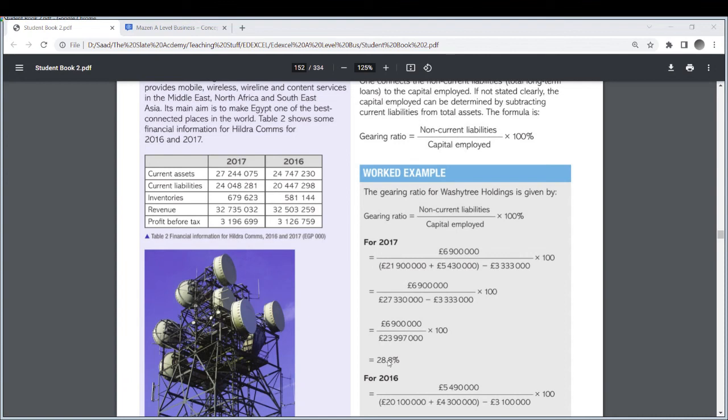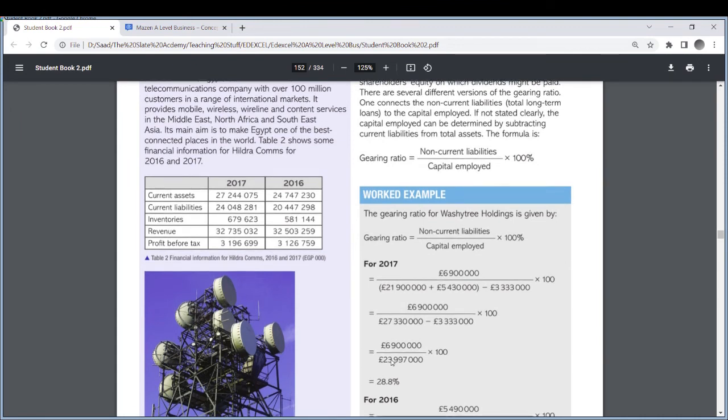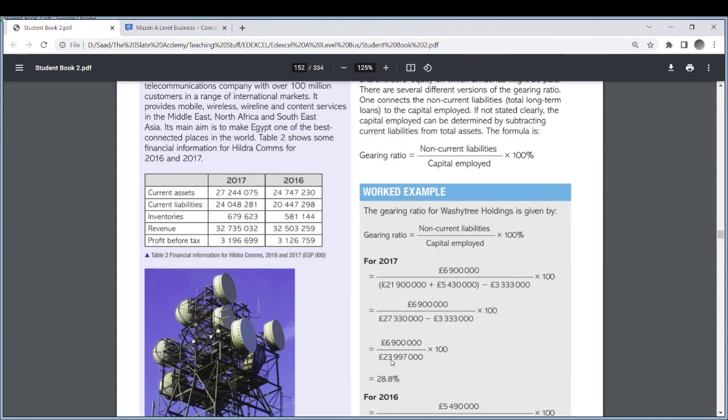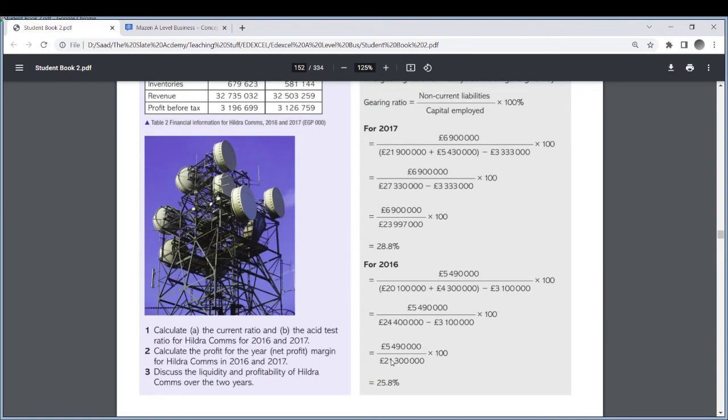All right. In the same way you can do it for 2016. Can you quickly do it for 2016 yourself? Calculate the gearing ratio, right? For 2016.